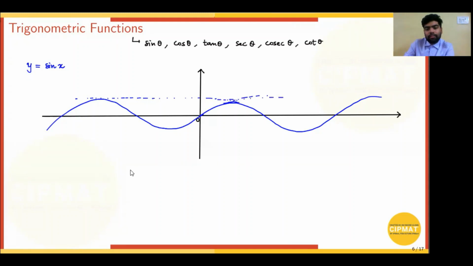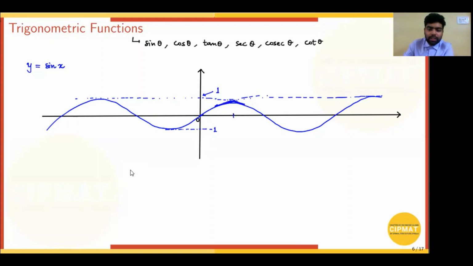Now the maximum value of sine x should be what? This place should be 1, and similarly this one should be -1. So the maximum value of sine x is +1 and the minimum value of sine x is -1. I hope that is clear to everyone.